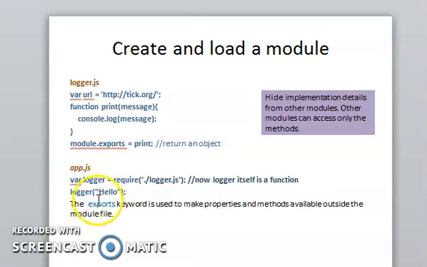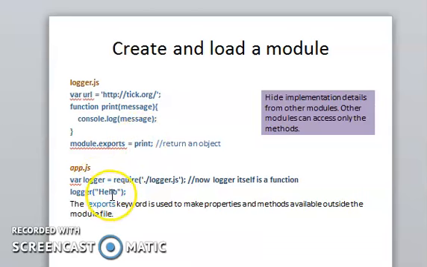In this condition, app.js doesn't know what the implementation in logger is. App.js only knows that an export has happened, and it is a print function.